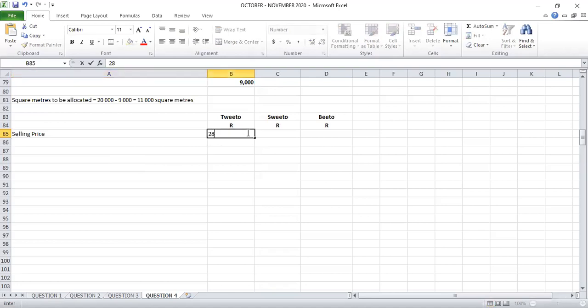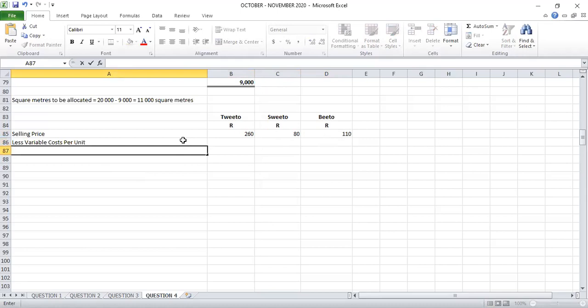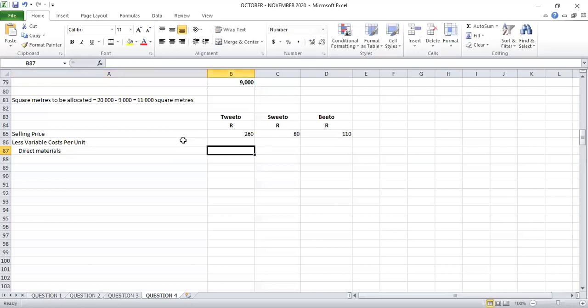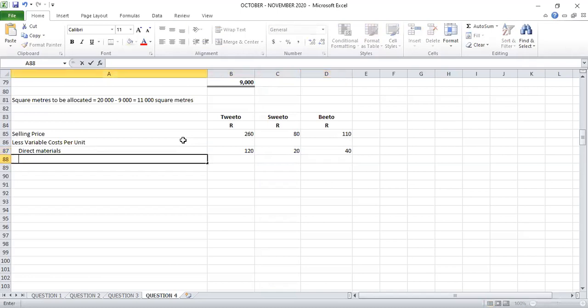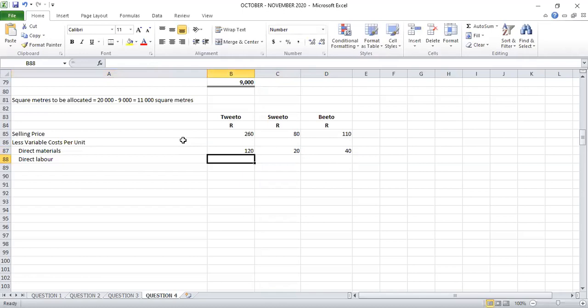$260, $80, 110, less variable cost. We have direct materials. I'm just taking from that table. 120, 20, 40. We have direct labor. 72, 24, 27.